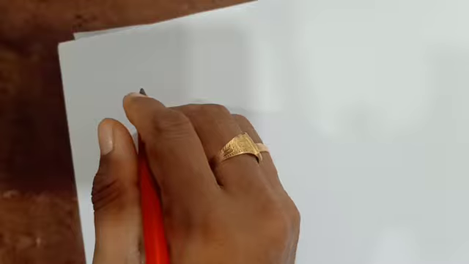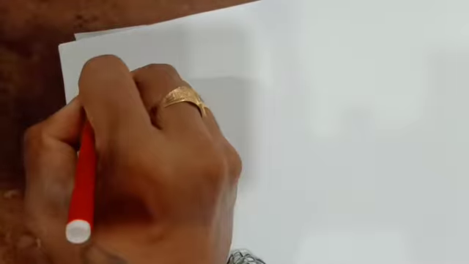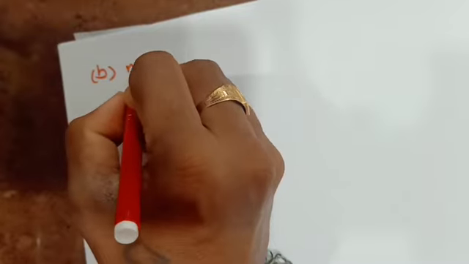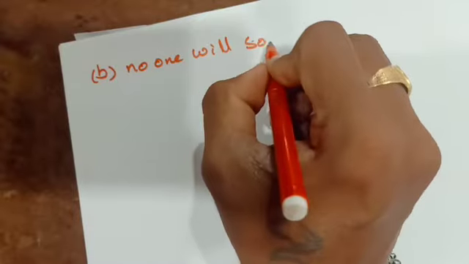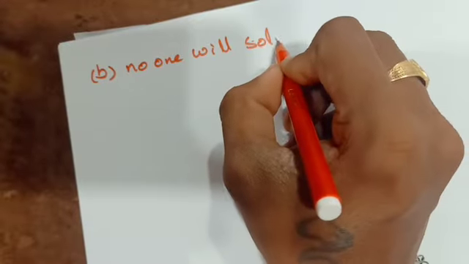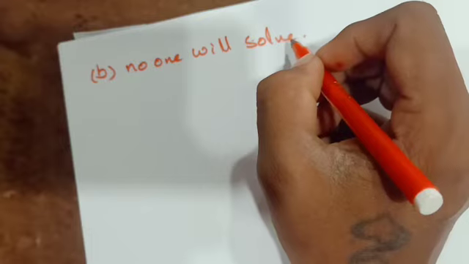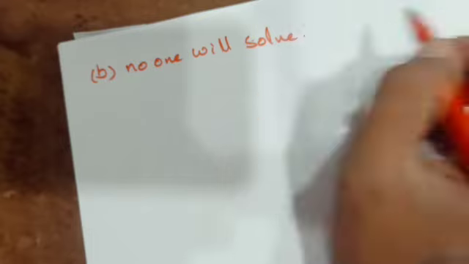In the same way, the probability that none of them is able to solve. So the situation is that no one will solve, either X or Y. None of them will solve the problem.